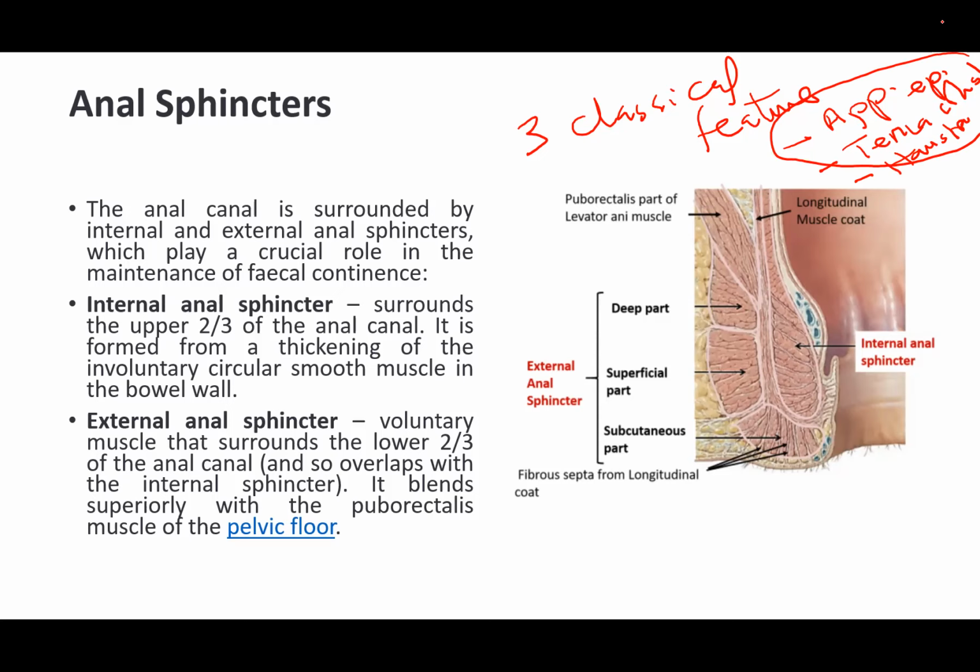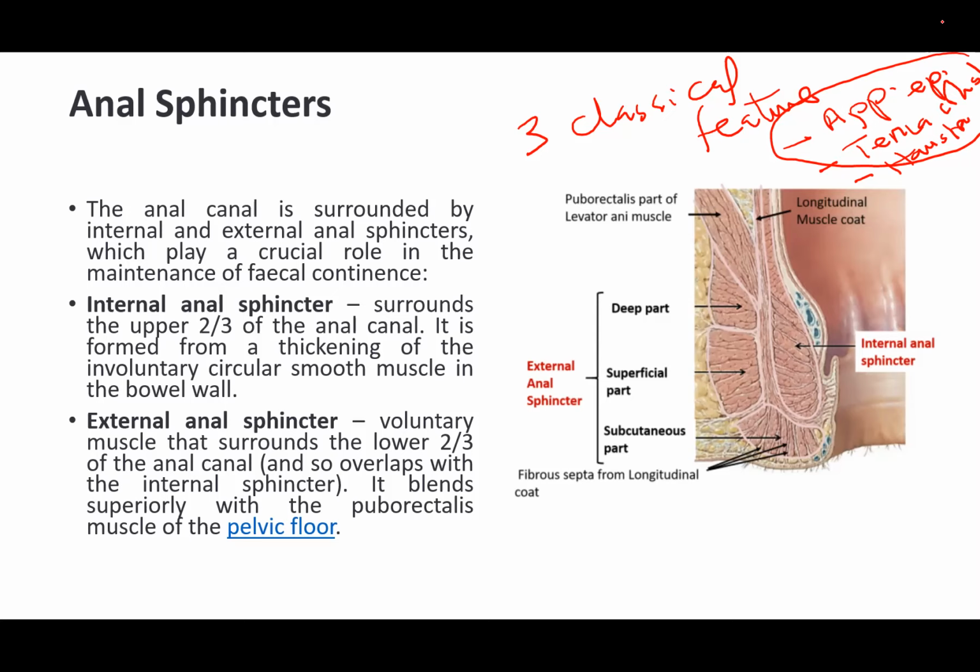The internal anal sphincter surrounds the upper two-thirds of the anal canal. It is formed from the thickening of the involuntary circular smooth muscle in the bowel wall.